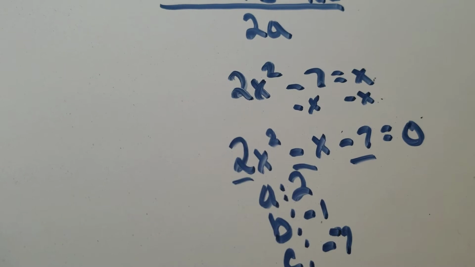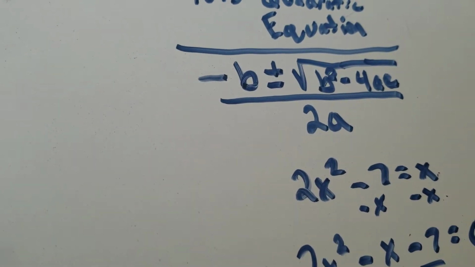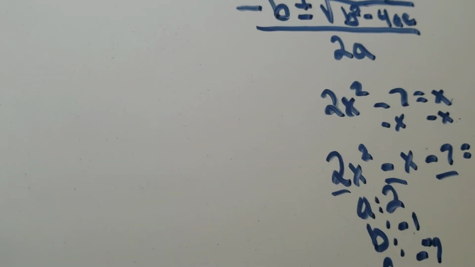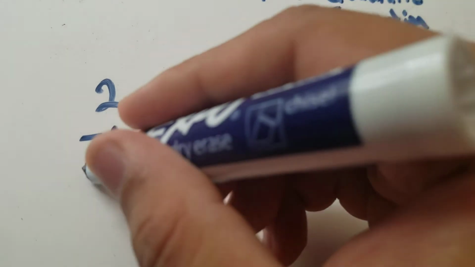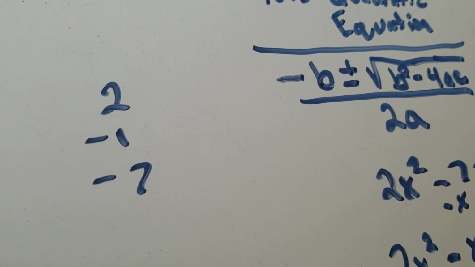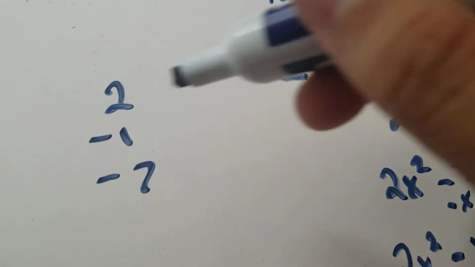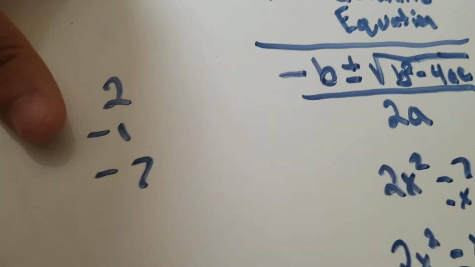Step 3, take a, b, and c and plug them into the equation over here. So we're going to take a, b, and c, and let me rewrite it here: 2, negative 1, and negative 7. And we're going to plug it into this equation. Every time I see a b, I should plug in my b. Every time I see an a, I should plug in my a.